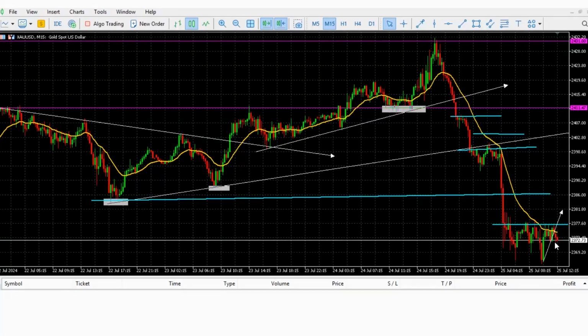But as long as this level is still intact, we are taking a sell trade. Sellers are still in control of the market. They are still pushing the price down. That is why the price is not able to break above this level.